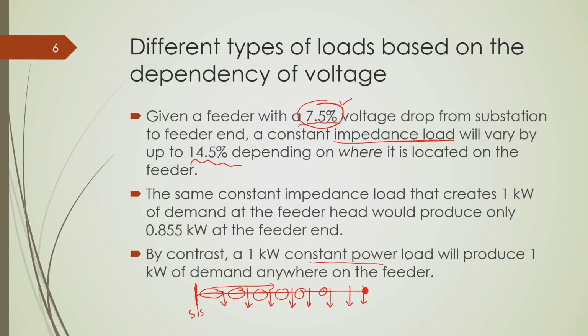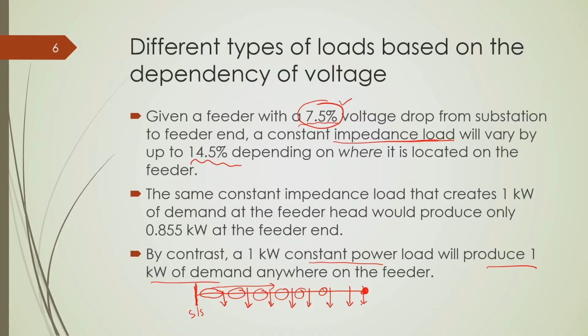Whereas constant power loads always have a constant power demand irrespective of the voltage, other voltage dependent loads have power demand that varies with the magnitude of the voltage. Therefore, where they are located is very important. Sometimes in India, in rural distribution networks, the customers located at the farthest point of the network hugely suffer from voltage drop.